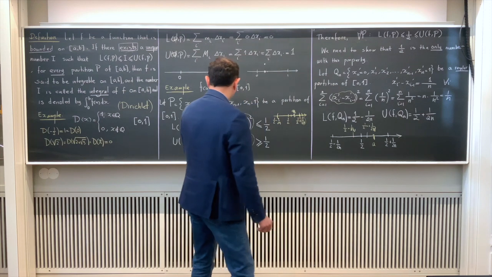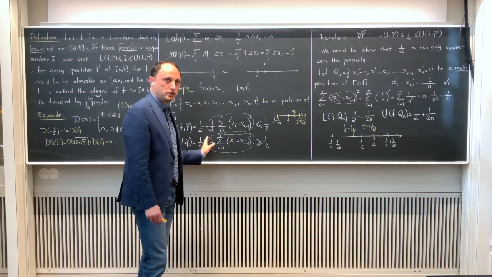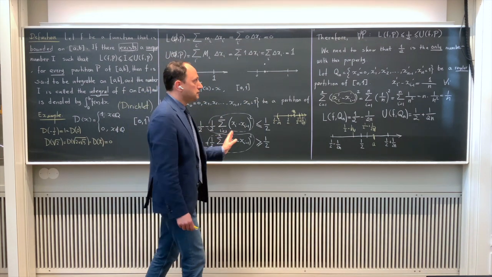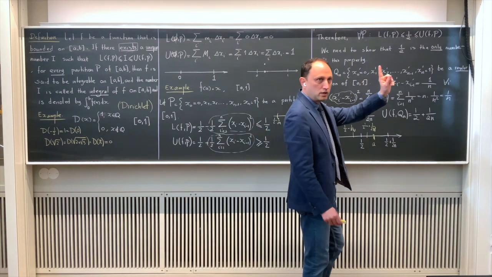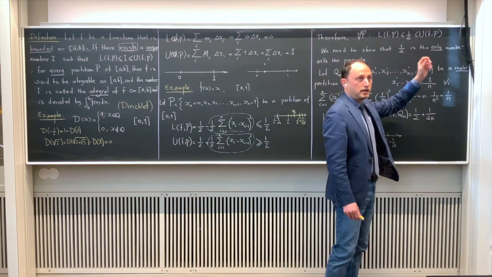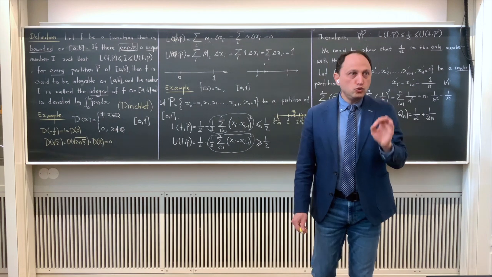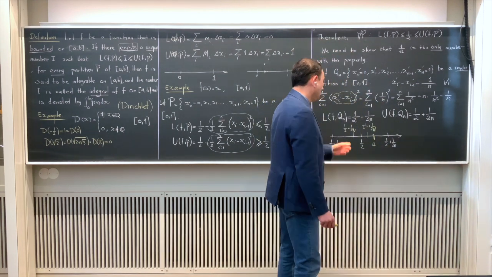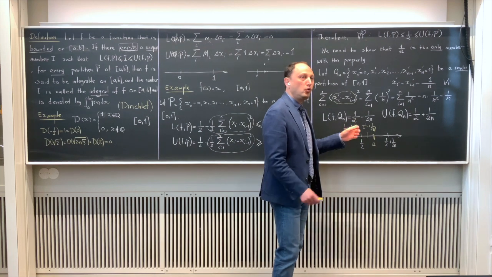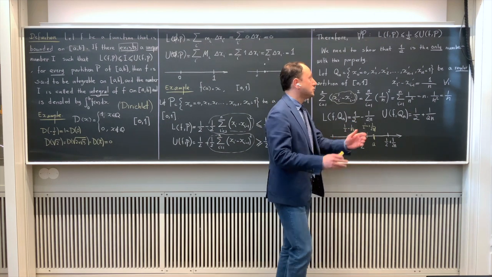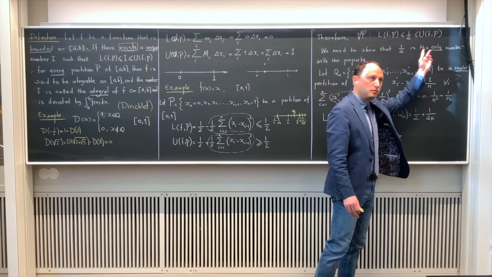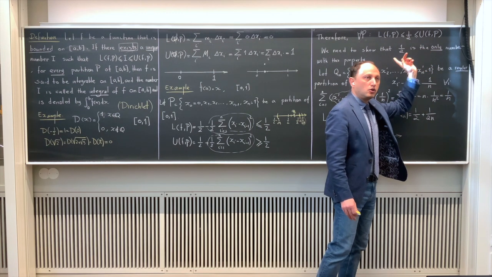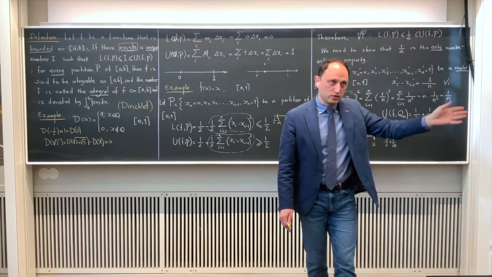So what I showed, this part is for all partitions. Okay, so this proved that there is at least one number with that property. Now, for the uniqueness part, I want to show that 1 over 2 is the only number which is smaller than every upper sum and greater than all lower sums.